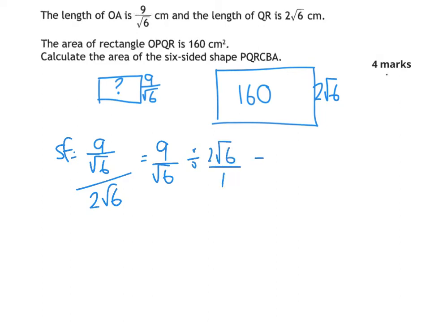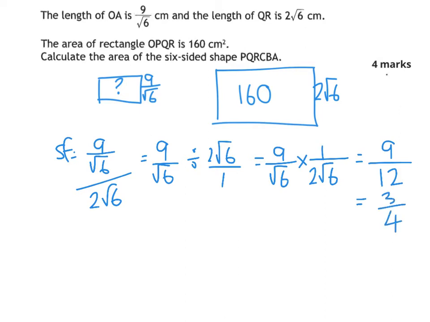Then I'm going to flip that, keep it, change it, flip it. So that's going to be 9 over root 6 times 1 over 2 root 6. And that will give me 9 over root 6 times root 6 is just 6 with a 2 in front, which will be 9 over 12. And 9 over 12, we all know, simplifies down to 3/4.